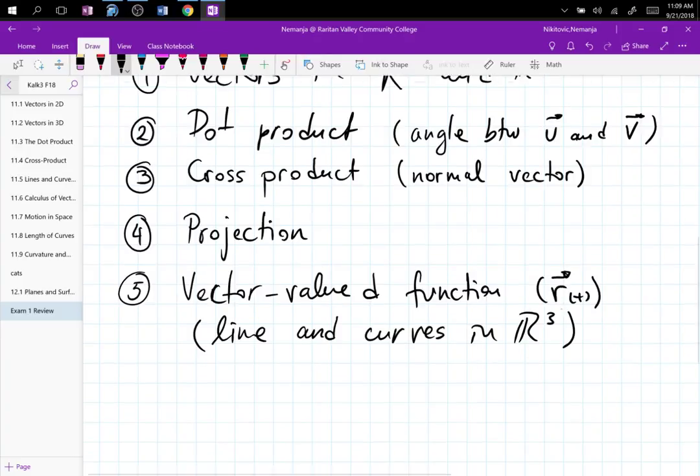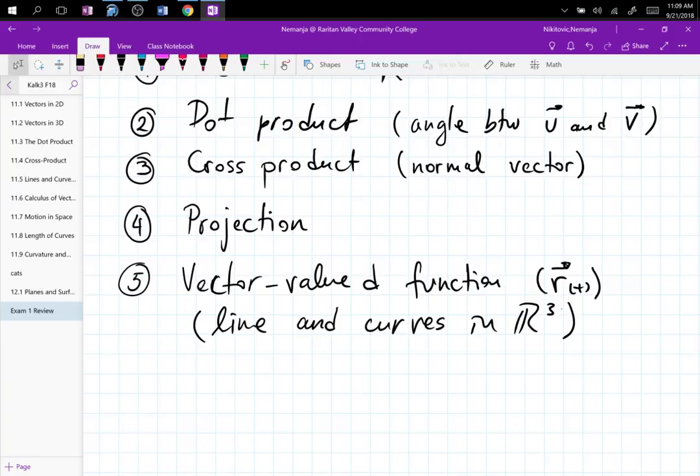And then number 6, calculus. So to be able to take the limit, derivative, and integral, and this is where you do it term-wise. You have 3 components in vector r, you differentiate each one separately, or you take the limit of each one separately. A limit might need L'Hopital's rule, 4.8 from your Calculus 1.